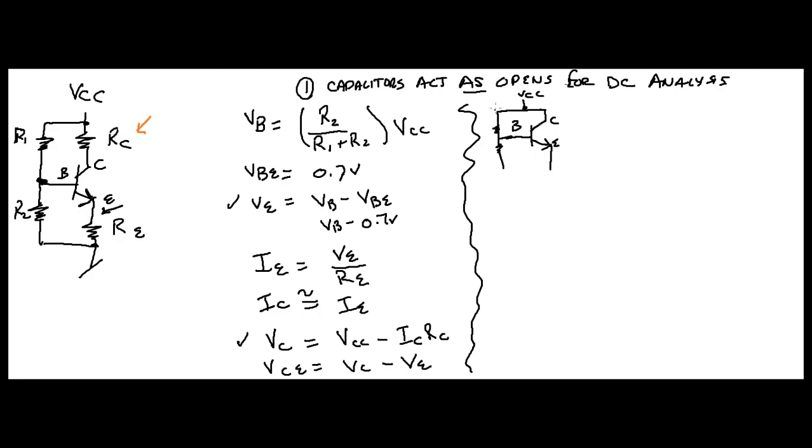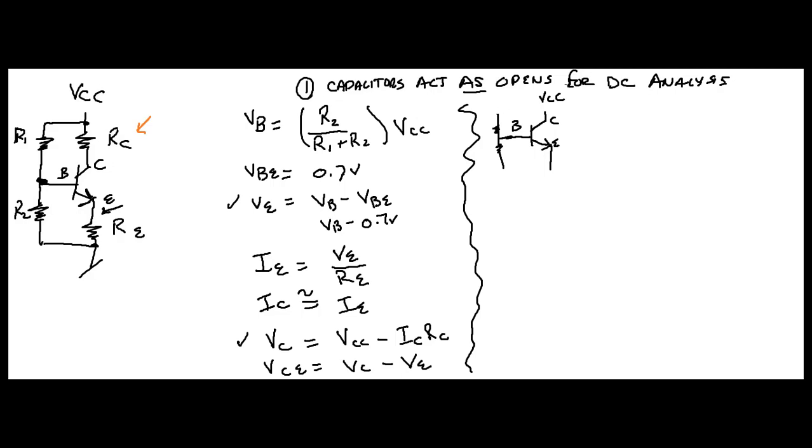So now suppose we rewrote this, and I'm just going to bring this over like this. Suppose we had the collector going to VCC, a VCC source, right? And then suppose we had this one right here going to a separate VCC source, right?